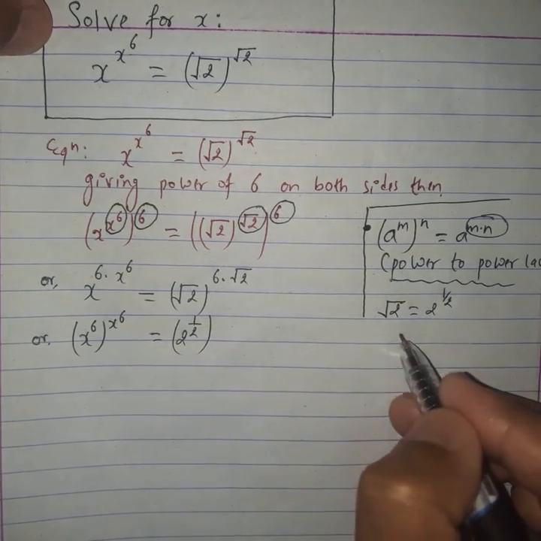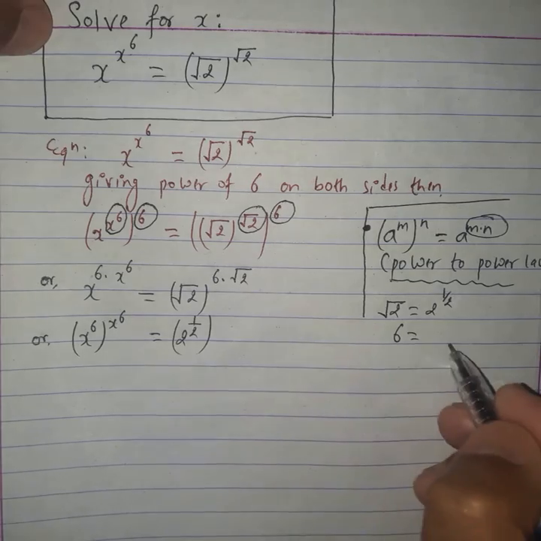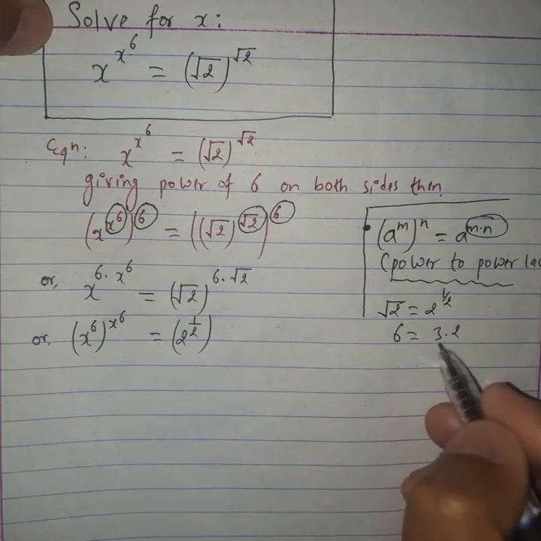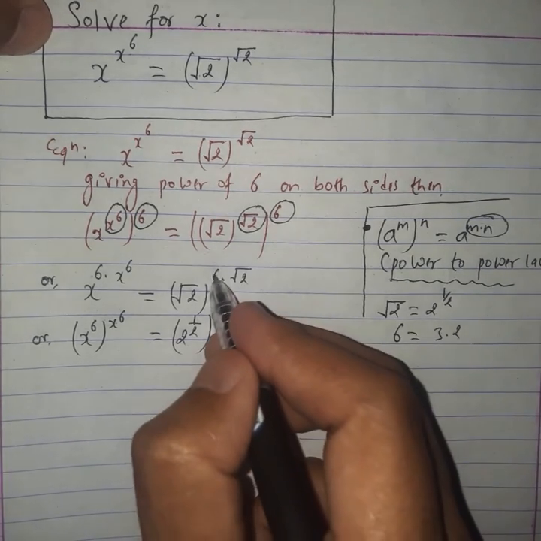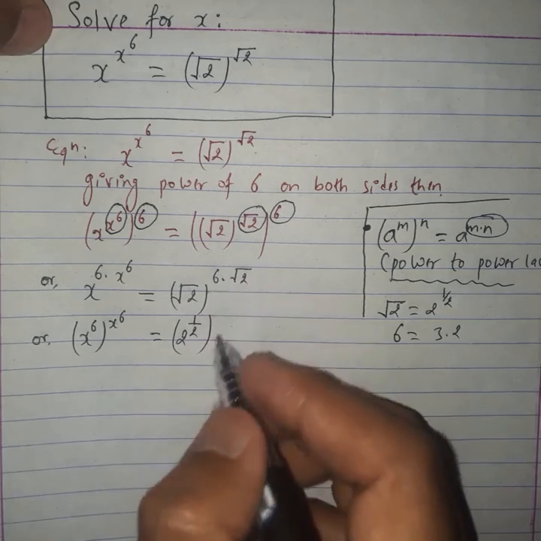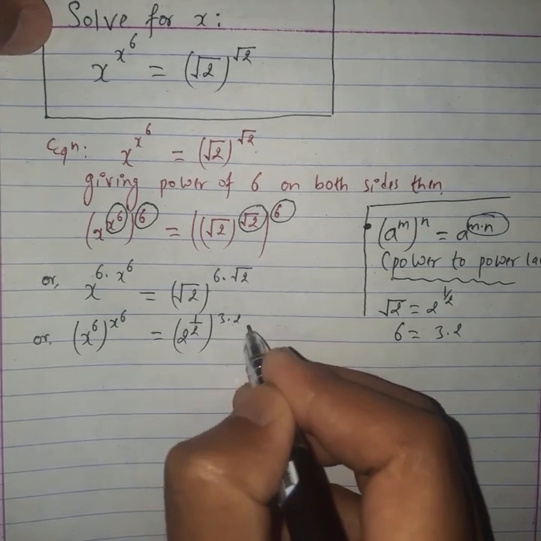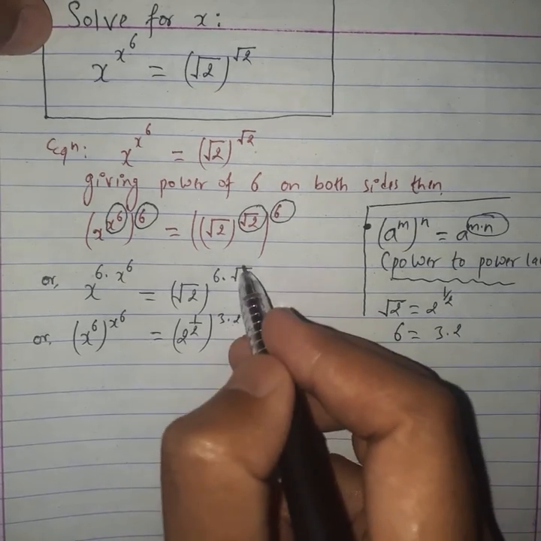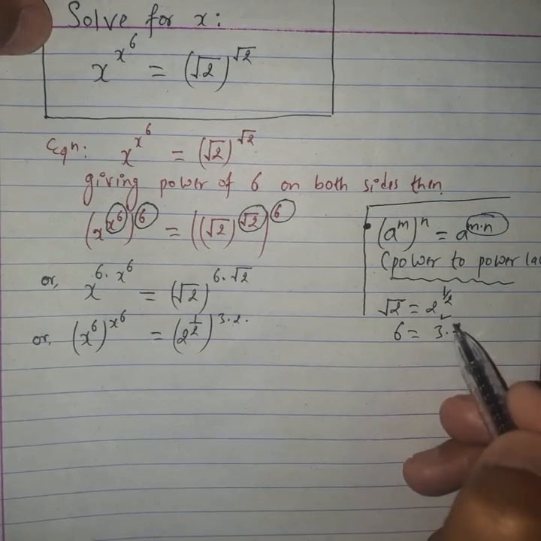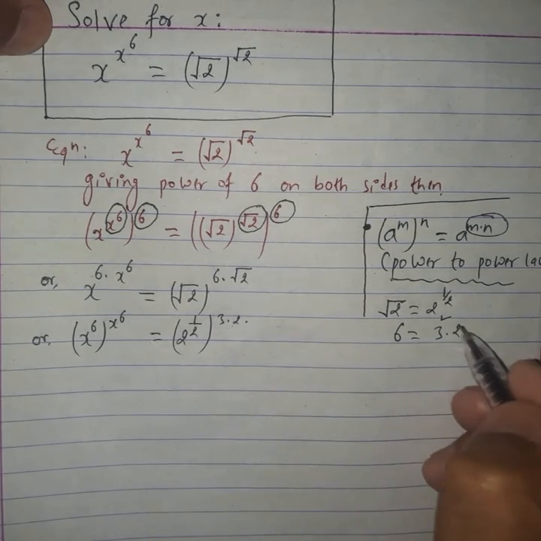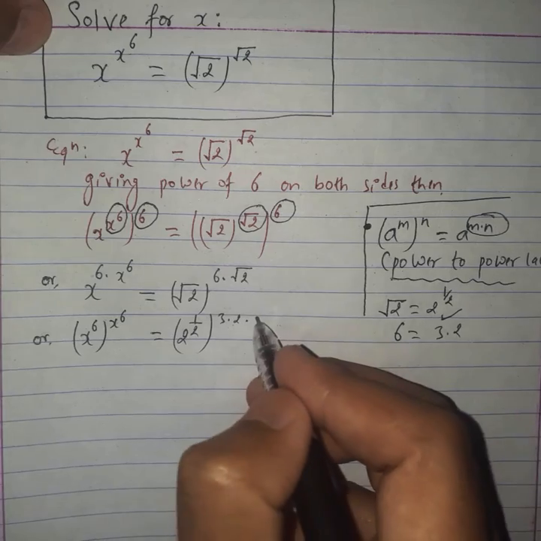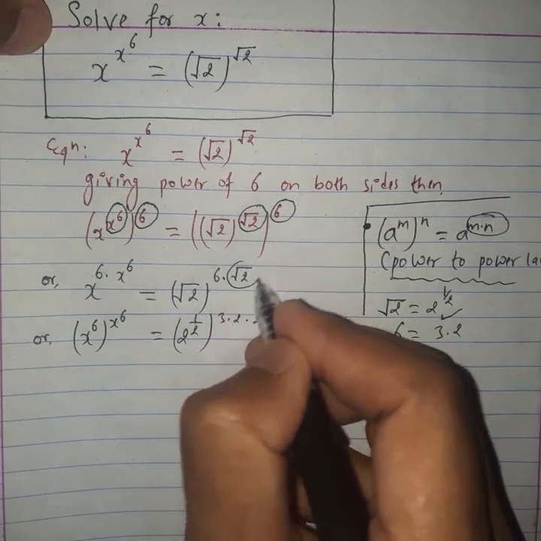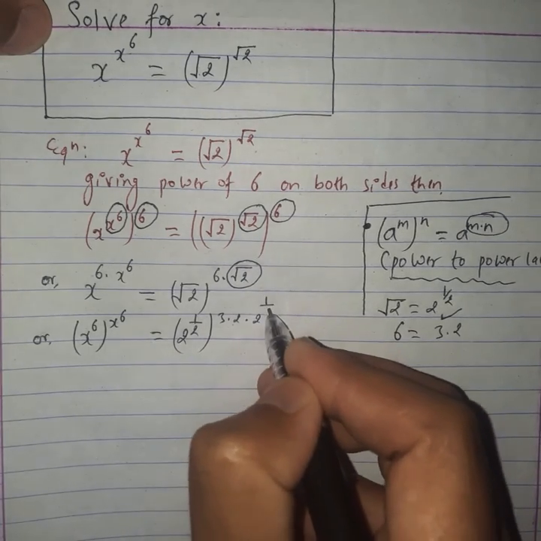And this number 6 can be written as 3 times 2. 6 is just 3 times 2. So in place of 6 we can write 3 times 2, and in place of square root 2, we can write 2 raised to the power 1 over 2.